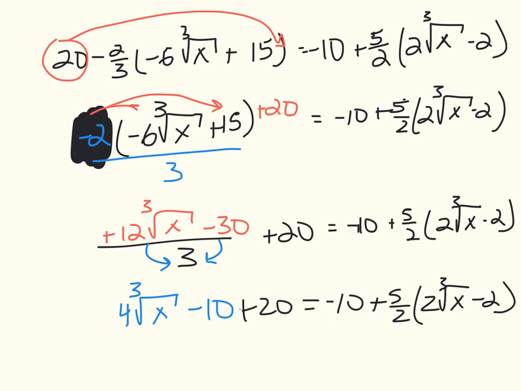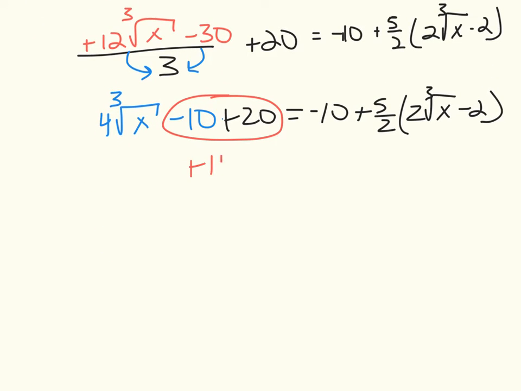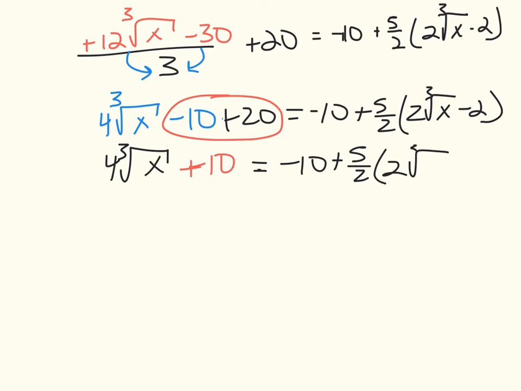All right, next thing I can do, combine like terms. -10 plus 20 is a +10. 4 third roots of x will come on down, along with the -10 plus 5/2 of 2 third roots of x minus 2. You notice sometimes my 2's look like a Z. Sorry, it's hard to write nicely on these iPads.